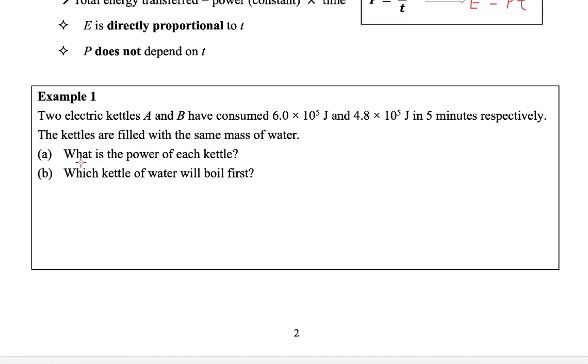And this time, what is the power of A and B? So you can simply apply the formula we just talked about, which is P equals to E over T. And then for A, which is the power of, for simplicity, we just write down A, which is energy over time.